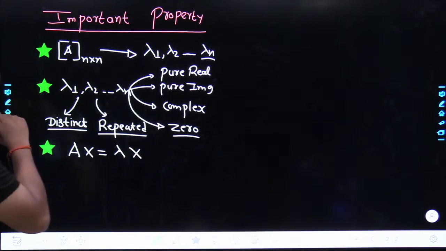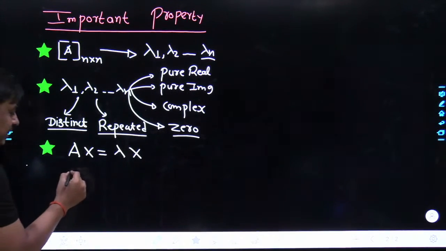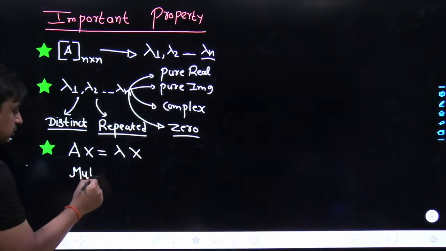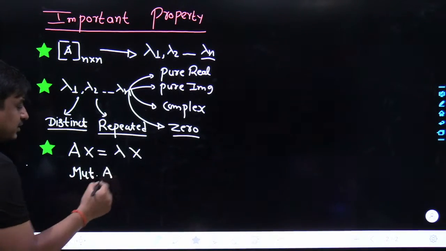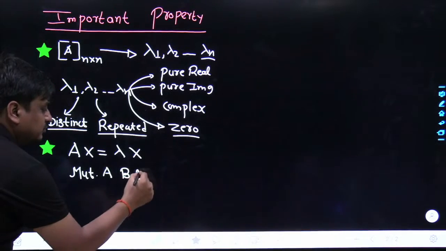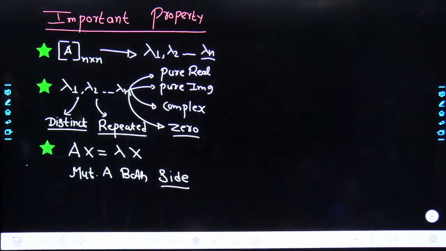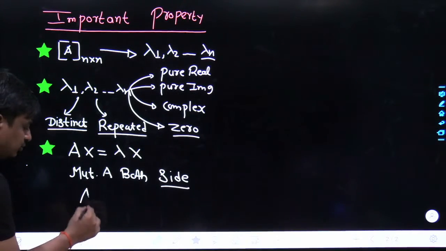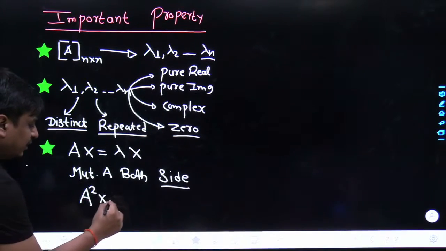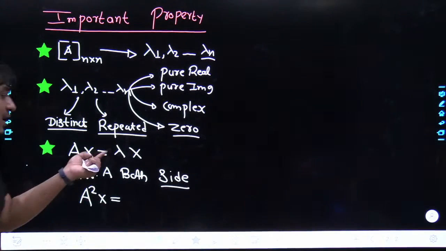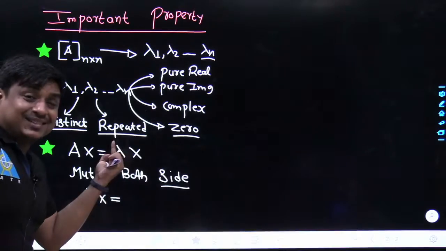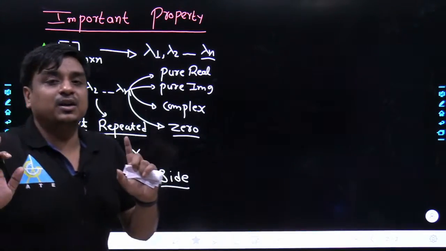Is that part clear? So what I am going to do is multiply matrix A on both sides towards the left-hand side. On the left-hand side, A into A becomes A square of x. And similarly, A into lambda of x; lambda is a constant, keep in mind.